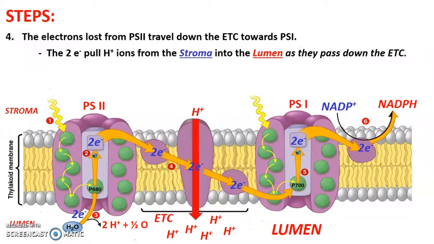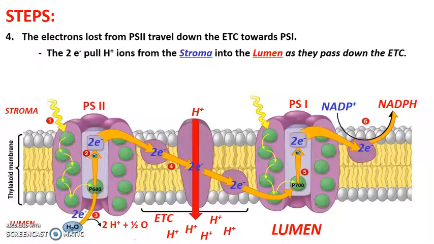All right, the 2 electrons right here from PS2, as they move down the ETC, they're going to pull additional hydrogen ions from the stroma down into the lumen, the inside of the thylakoid. So those 2 electrons you see flashing right there, being lost by PS2, will move down the electron transport chain.